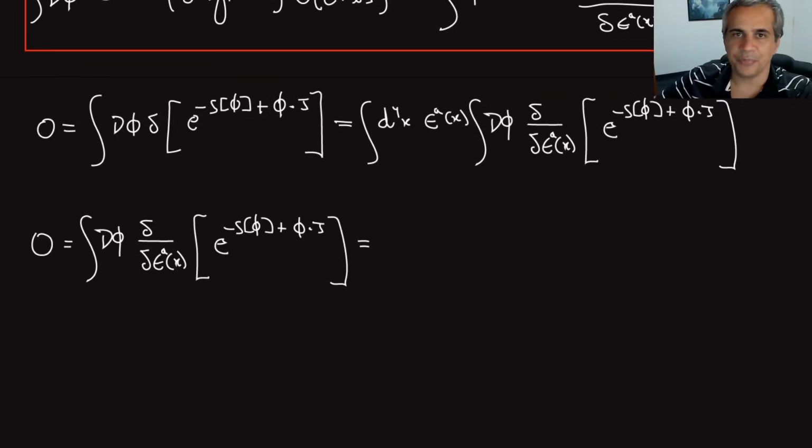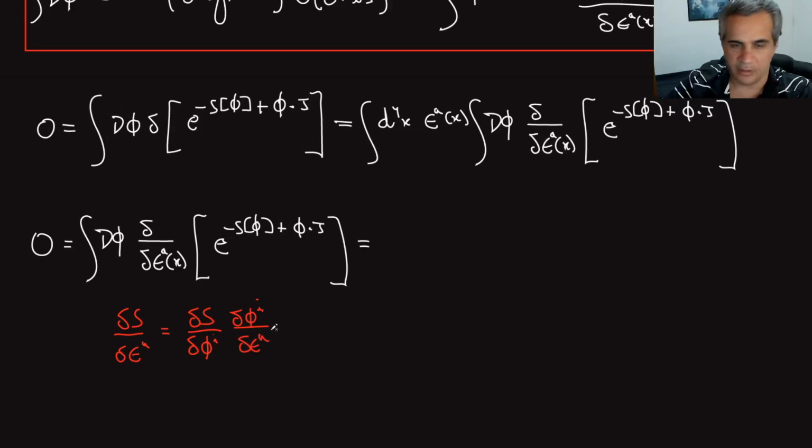I know that the variation of the action in relation to epsilon a can be written as the variation of the action in relation to the field times the variation of the field in relation to epsilon a, which I know.